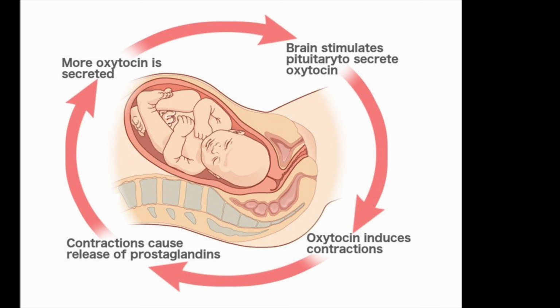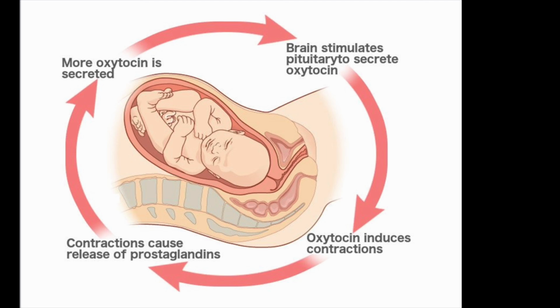This is another example of a positive feedback loop. So the first contractions of labor, which act as the stimulus, push the baby toward the cervix, which is the lowest part of the uterus. The cervix contains stretch-sensitive nerve cells that monitor the degree of stretching. These are the sensors.